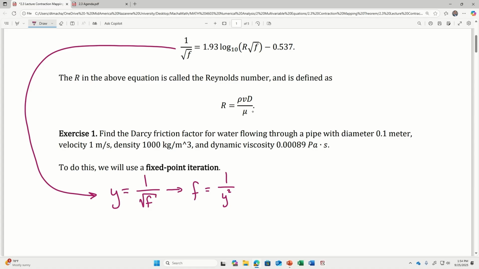And then I can write this equation above as y equals 1.93 times log base 10 of the Reynolds number divided by y, minus 0.537.